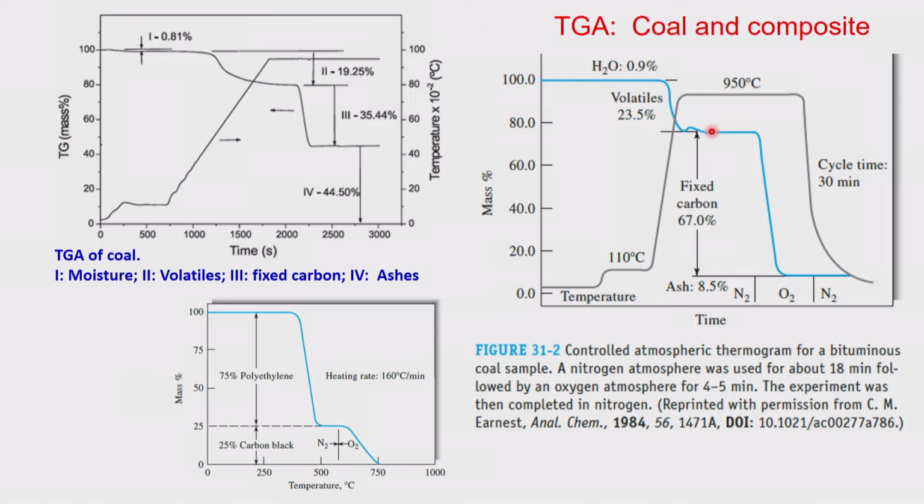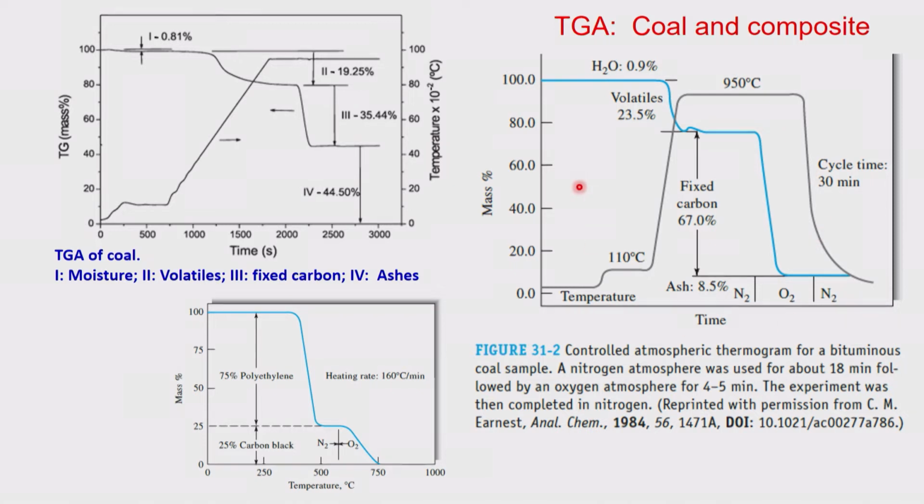So, you have seen the thermogravimetric analysis curve, because after this if you use nitrogen nothing will happen, but if you use oxygen something may happen. So, here initially the temperature is 110, up to that, and up to 950 this whole thing will happen, and beyond that again you have the cycling, under nitrogen. Okay.